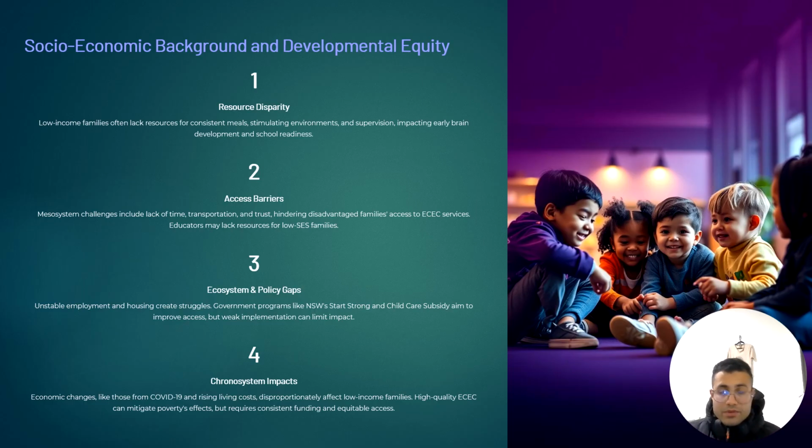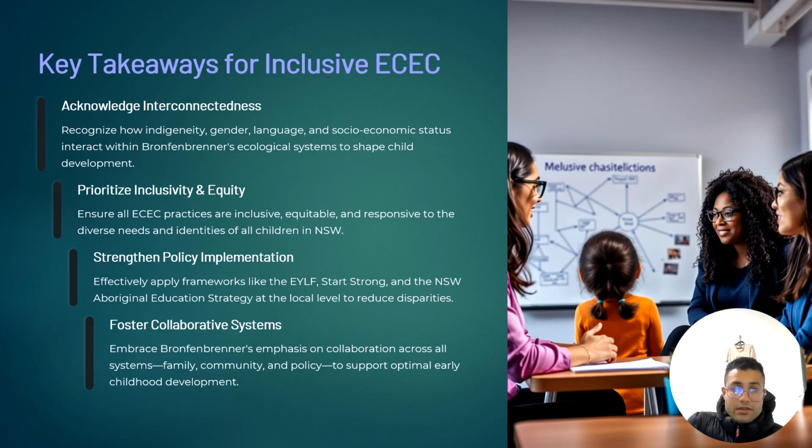Educators may lack the resources to support families from Aboriginal backgrounds. The last one is chronosystem impacts, where economic changes like COVID-19 and rising living costs may heavily affect the growth of children from low-income families, and where educators and families can come together and support each other.